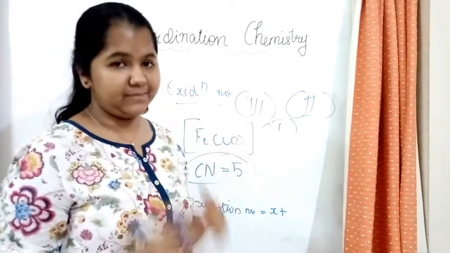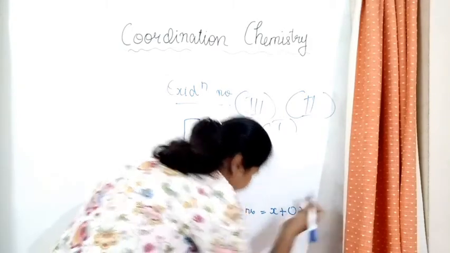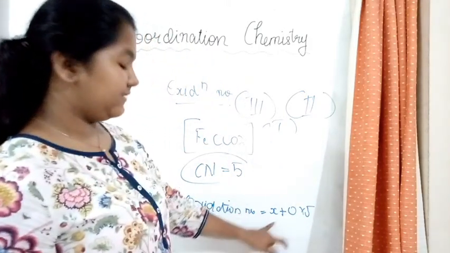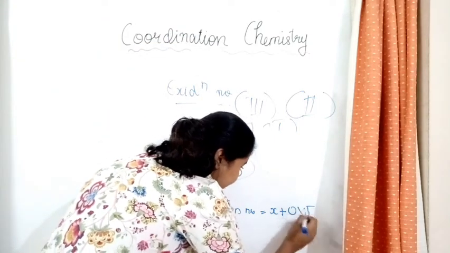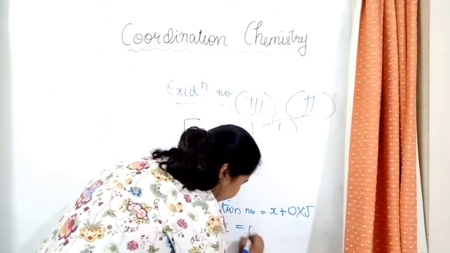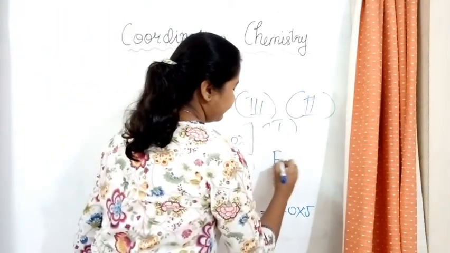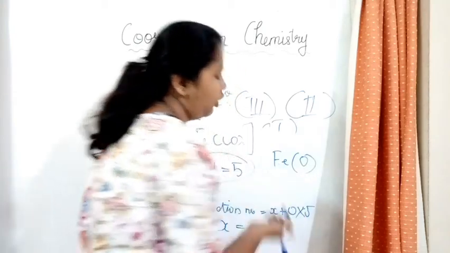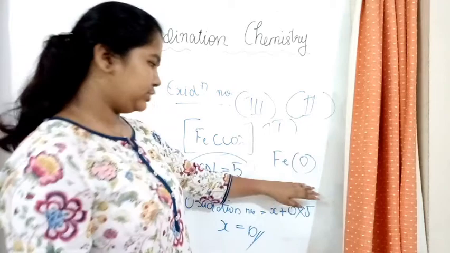The oxidation number for carbon monoxide is 0. So 0 into 5, am I right? Therefore, what is the value of x? x is 0 into 5, so x is equal to 0. And therefore, how would you write this? That is Fe bracket 0, because you have no Roman numeral as such for 0. So this is how you mark this.